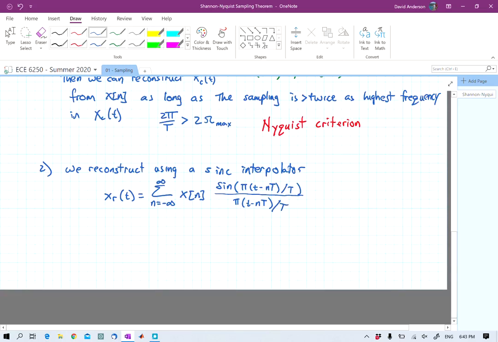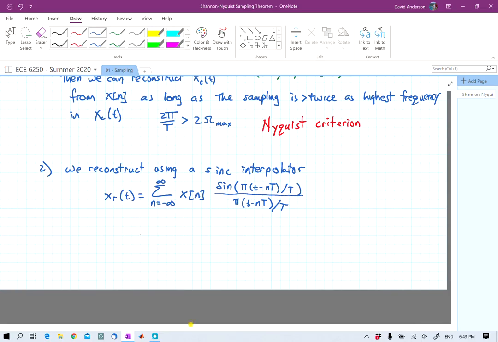So when t, little t, is equal to n times capital T, the argument of the sine evaluates to 0 and the denominator evaluates to 0. But using L'Hopital's rule or any other method you might want to come up with, we find that this evaluates to a value of 1.